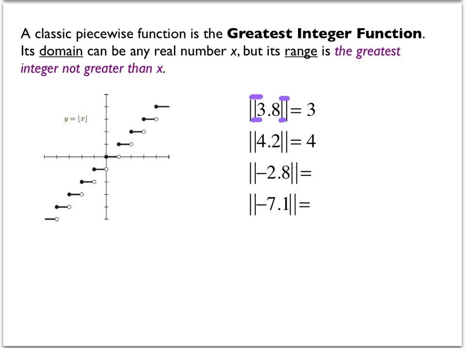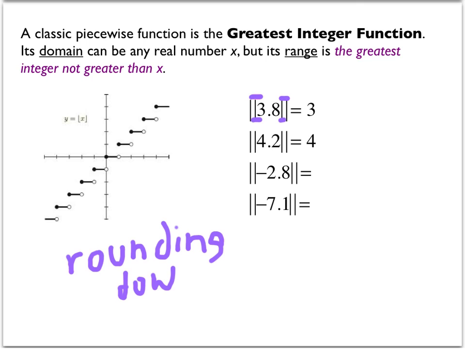So sometimes on the greatest integer function, it's helpful to think of it as rounding down. You're not rounding in the classical sense that you're used to, but you're rounding down to the next greatest integer.